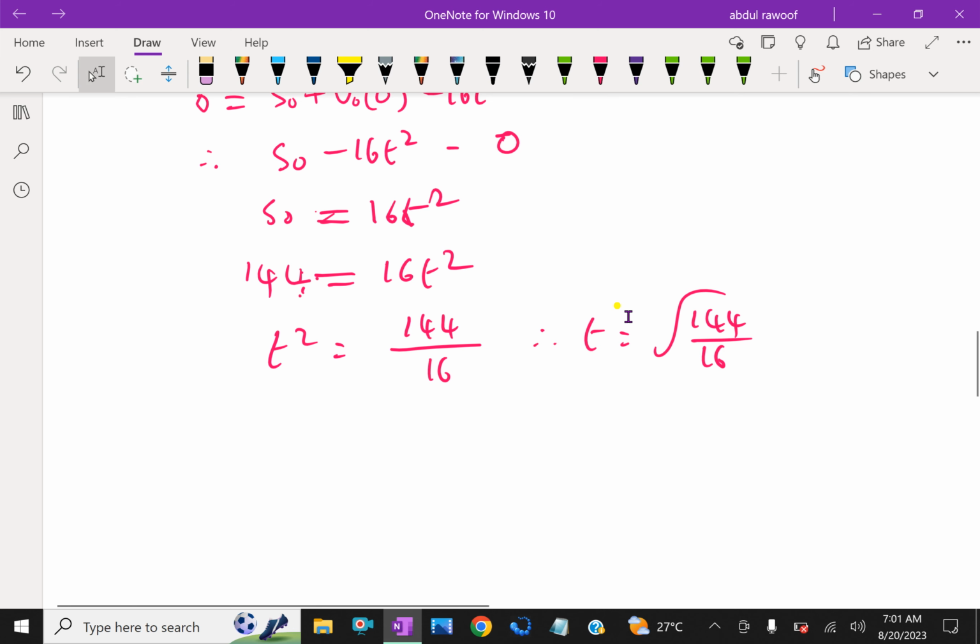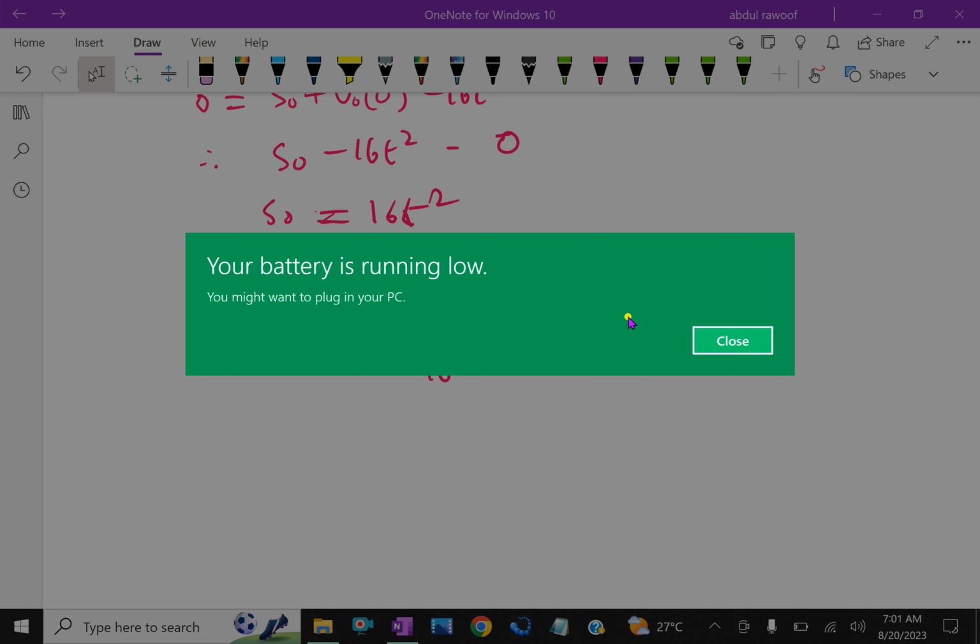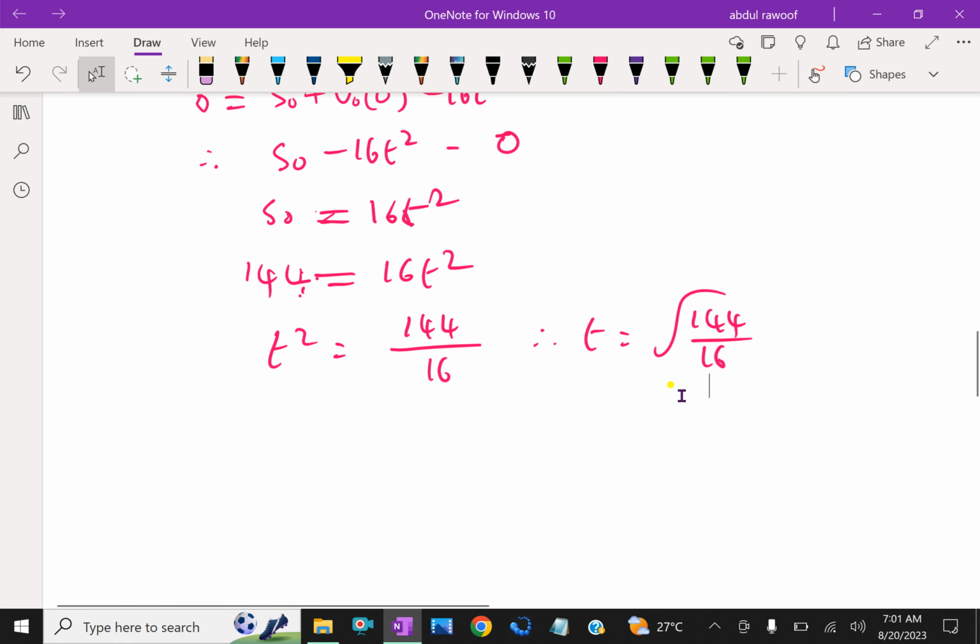Let us calculate this. Square root of 144 divided by 16 equals 3. Equal to 3 seconds. Square root of 9 is 3.